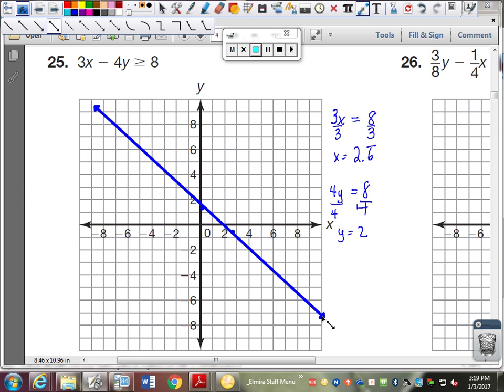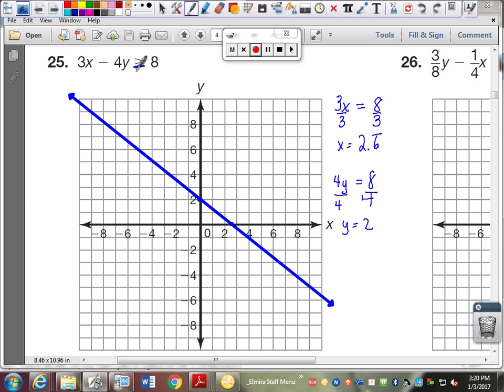And I'm off a little bit. Okay, I would encourage you to use a ruler. Now, I used a solid line this time. Why? Because I have an equal bar.